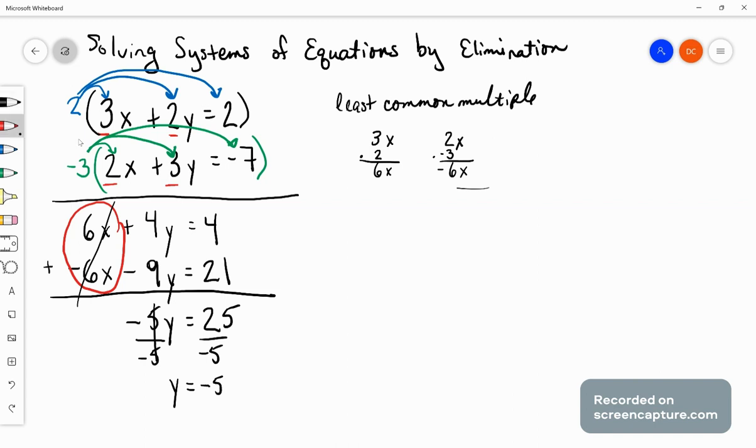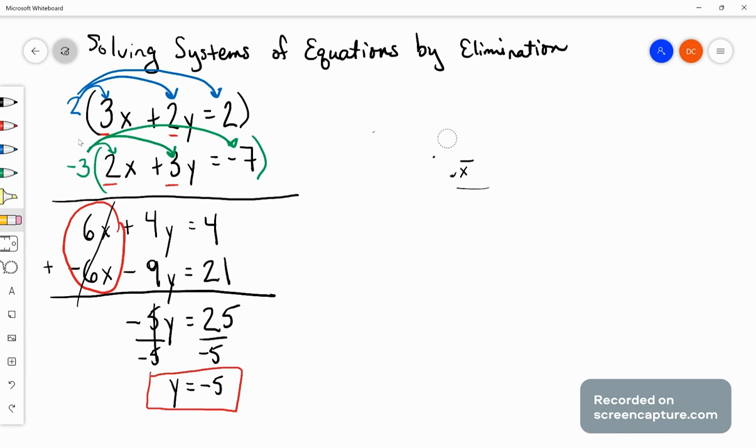Okay, so again, that is my first part. My next part, we need to solve for x. I'm going to erase all of this here to give me some more room, and we can move up to here.